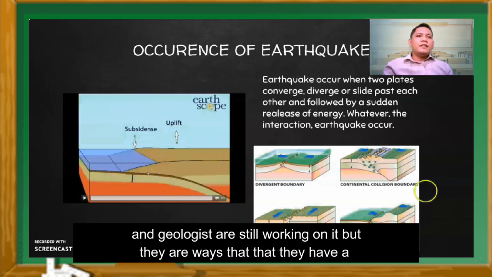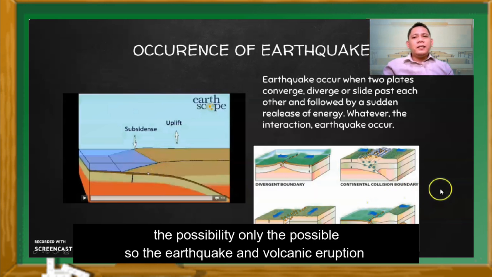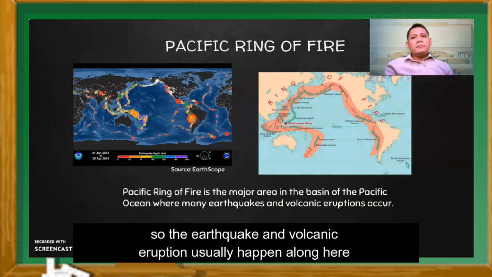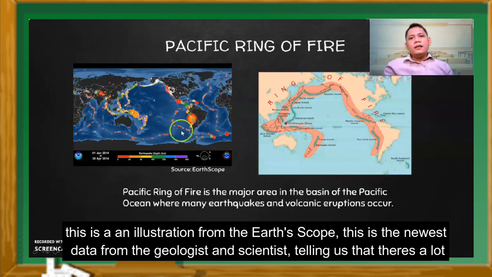But they have alternative ways. The possibility, only the possibility. So earthquakes and volcanic eruptions usually happen along here. Alright, so this is an illustration from the Earth's core.